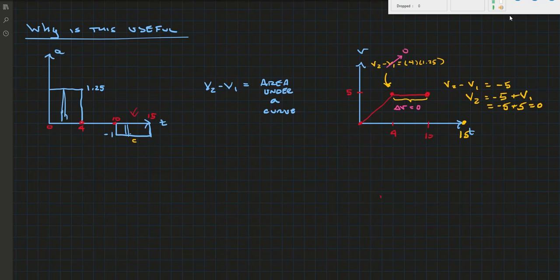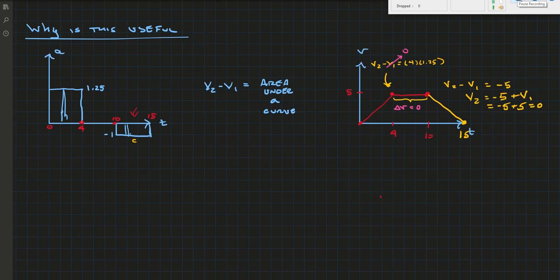So v2, the point here, equals 0. Now, since this is a constant function over here, it means we gain an order 1, and since it's a negative value, the slope of this is negative. So now we've constructed our velocity curve.